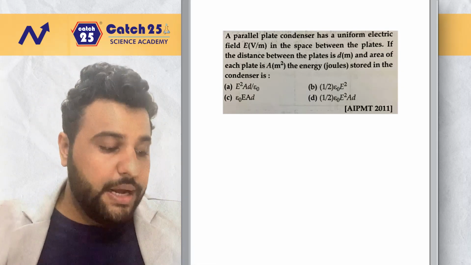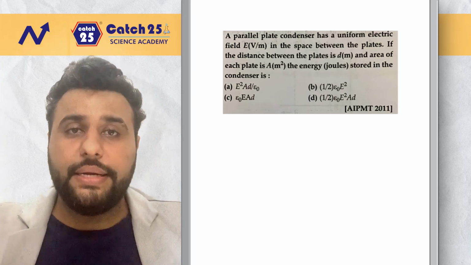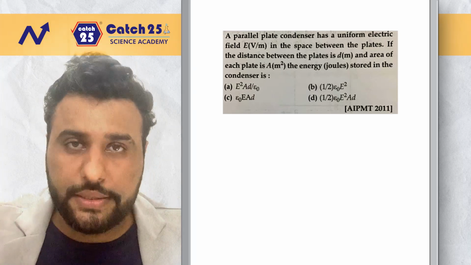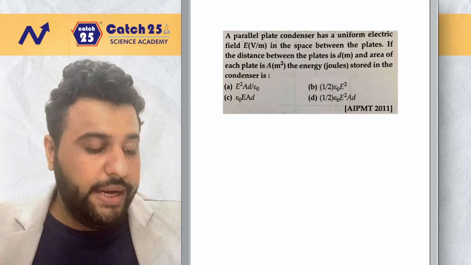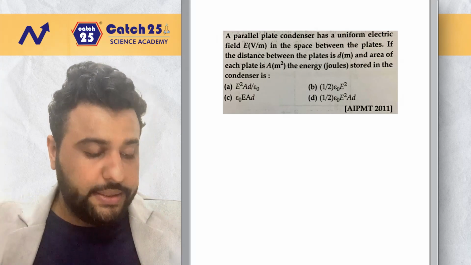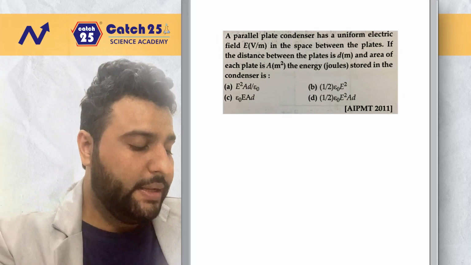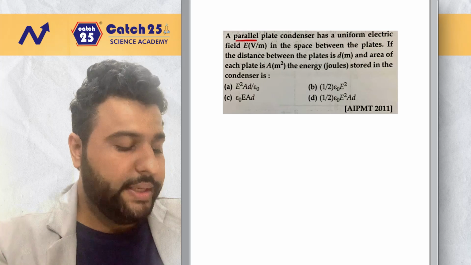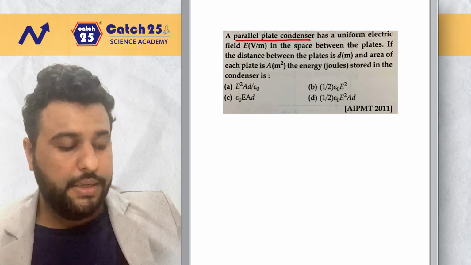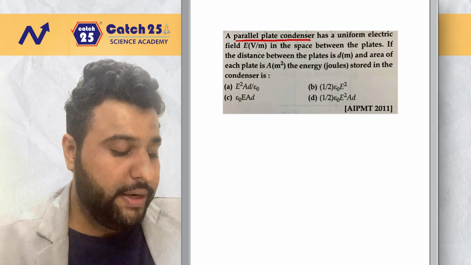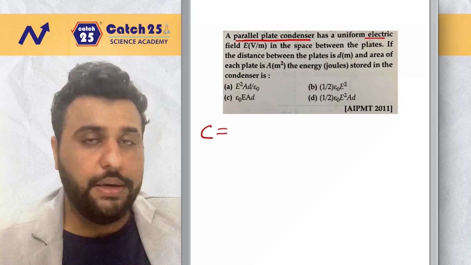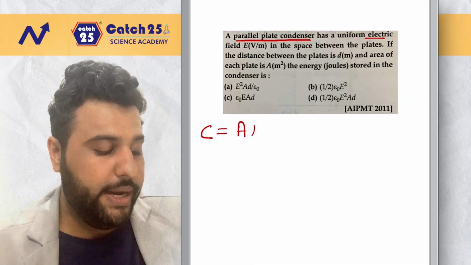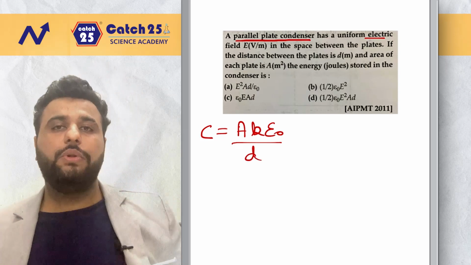Okay, read it. A parallel plate condenser. Condenser is the other name for capacitor. Has uniform electric field E in space between the plates. Now, when I am reading the question, I come to know it's a parallel plate condenser filled with uniform electric field. Therefore, I know the capacitance of a parallel plate capacitor is A K epsilon naught by D. Everyone should know this formula.